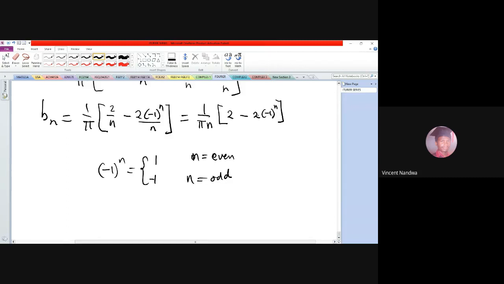And when n is odd, we get -1, so -1 times -2 is positive 2, so we get 4. Therefore, Bn has two values: 4 over pi n when n is odd, and 0 when n is even.